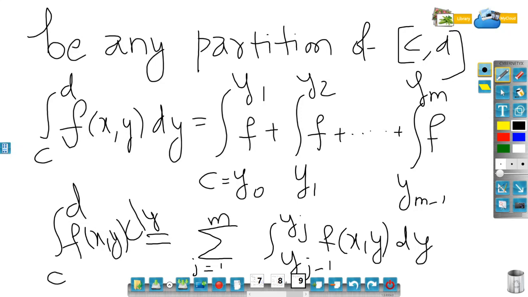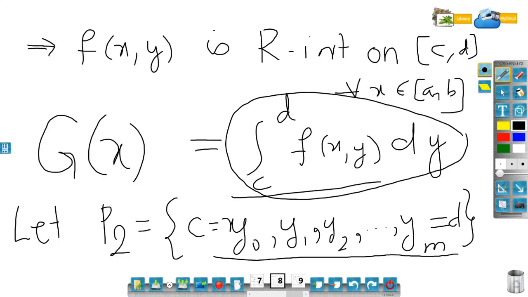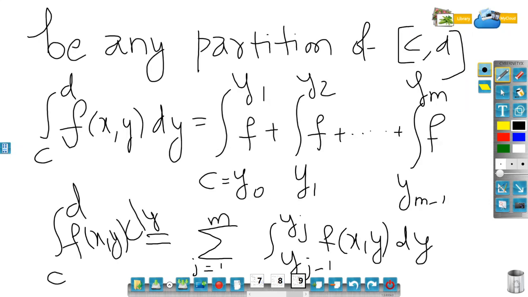Now in this expression, I will put that value. So g of x, instead of c to d, I'll write this form.